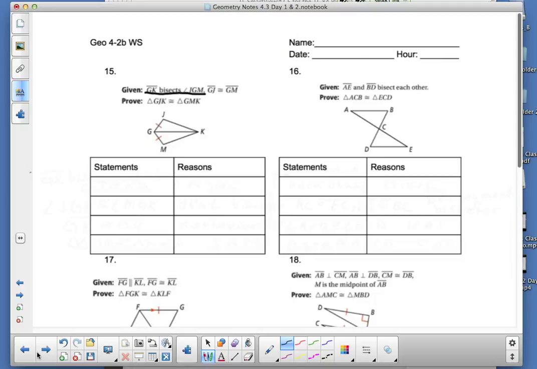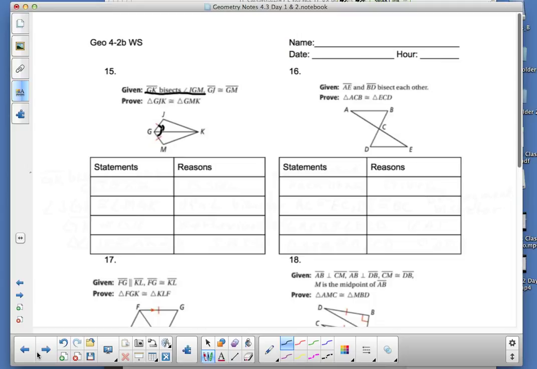So I have angle JGM. I have this because this angle and this angle, because of the fact that we're working with an angle bisector. And then I have GK, which is reflexive. Do you see side angle side here then?